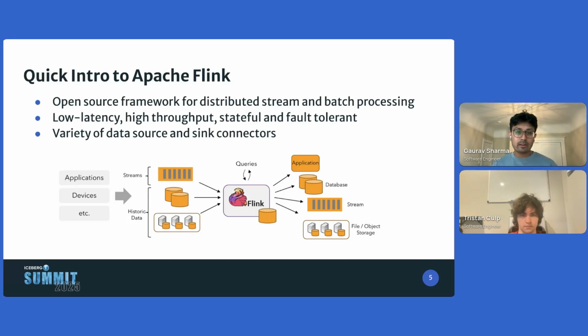Flink also comes with a lot of out-of-the-box data source and sink connectors. Source meaning simply where we're reading the data from, and sink meaning where we're writing the data to. So it comes with a lot of connectors right out of the box to easily plug in to read and write from various sources and sinks.